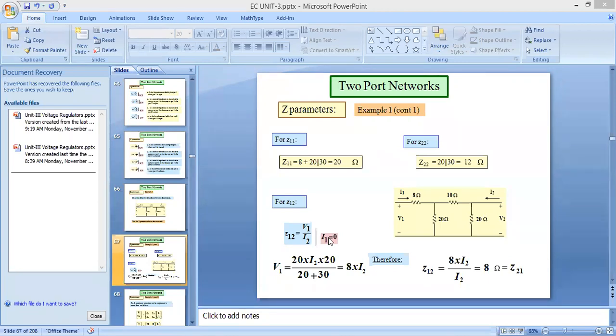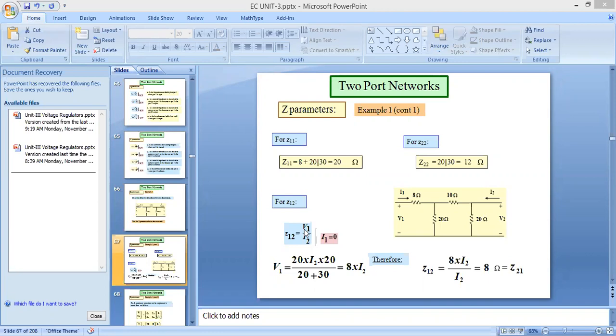Here we are supposed to find V1 upon I2, so I can write the value of V1 in the form of I2 by using the voltage divider rule. We know how to calculate.